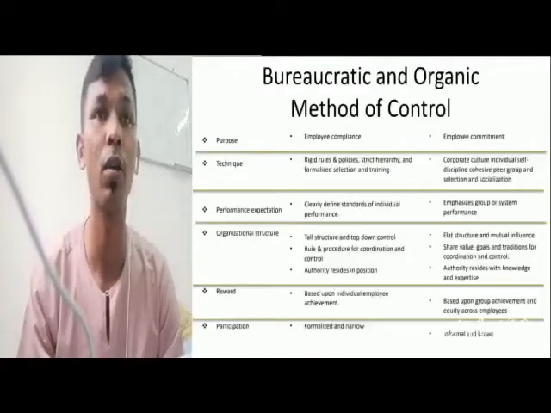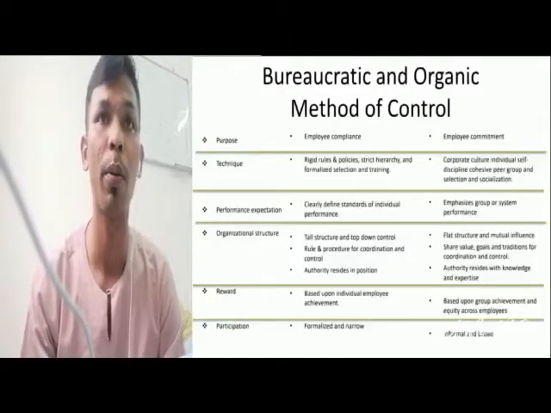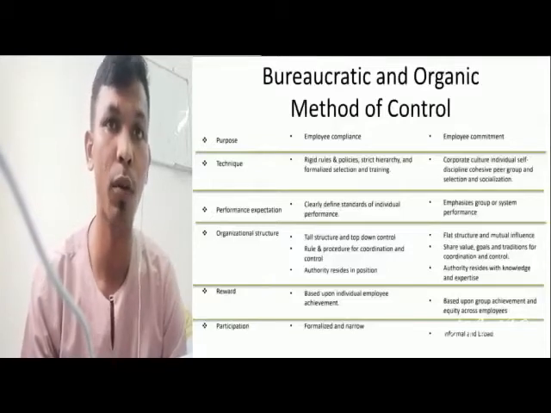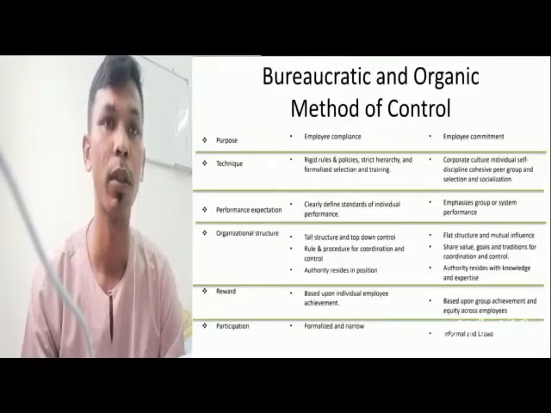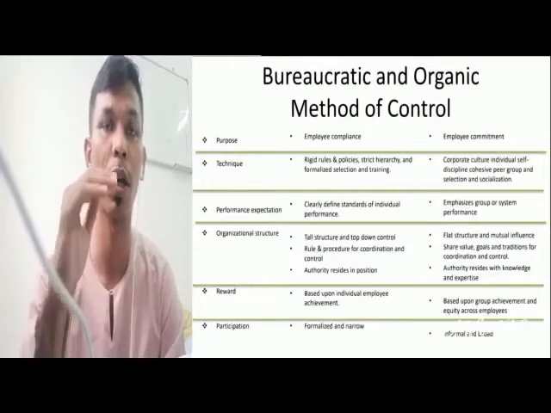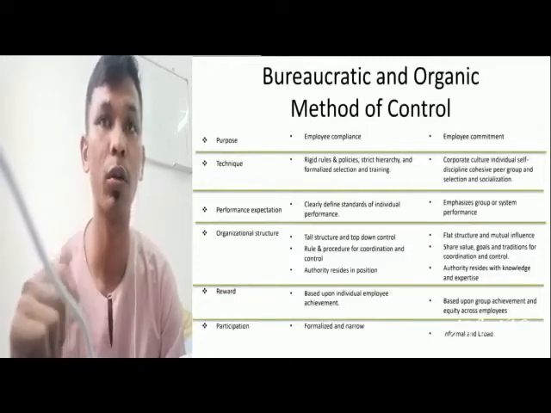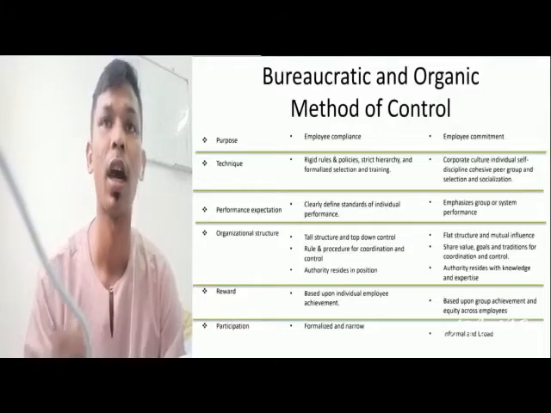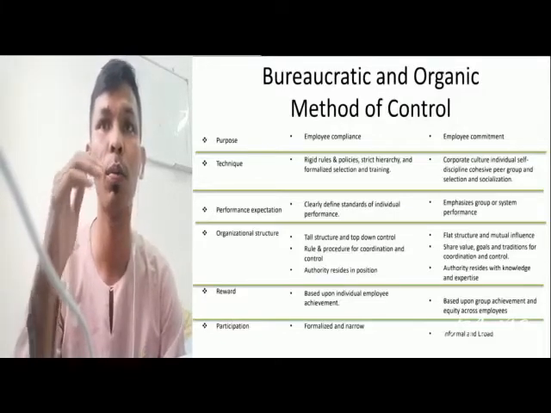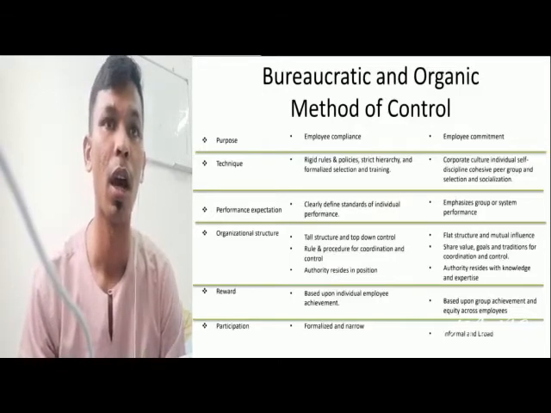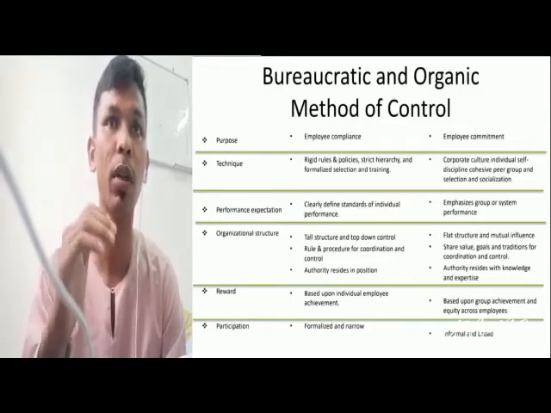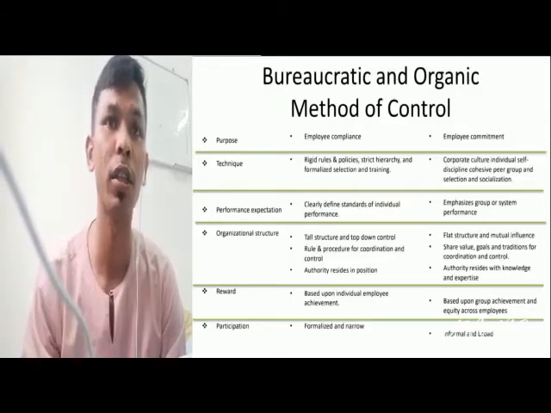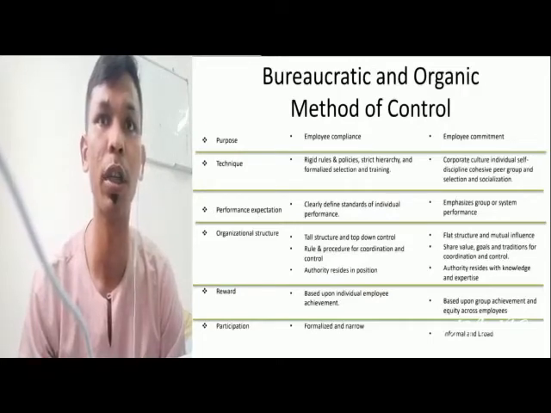Now the part on bureaucratic and organic methods of control. Firstly, for purpose: for bureaucratic control, employee compliance; for organic control, employee commitment. For technique: under bureaucratic control, rigid rules and policy, strict hierarchy, and formalized selection and training.